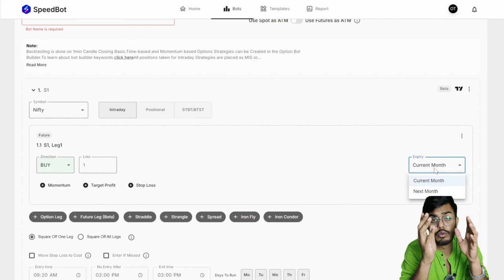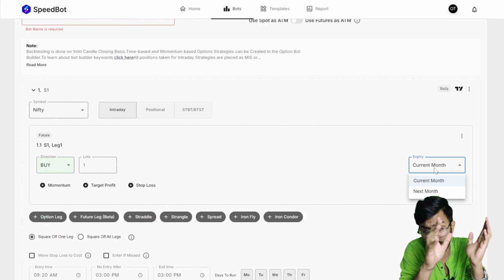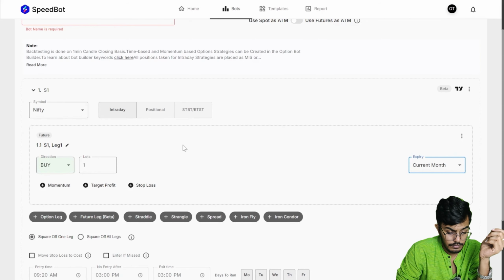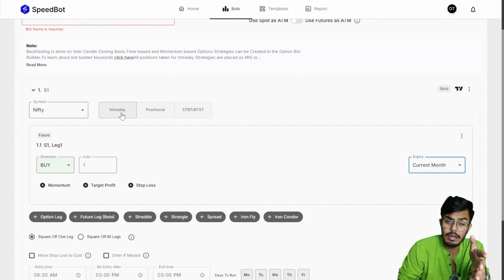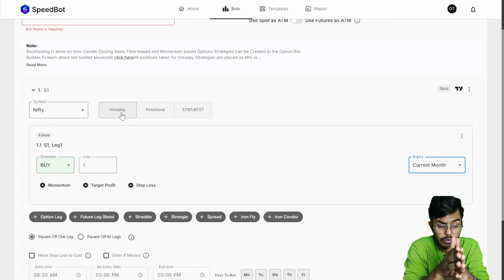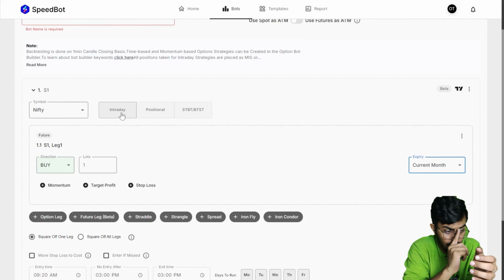Whether you would like to go for the current month expiry or for the next month expiry is up to you. Whether you would like to go for intraday based positions or positional basis, you can also select based on your trading profile.